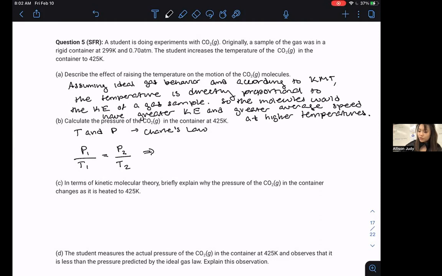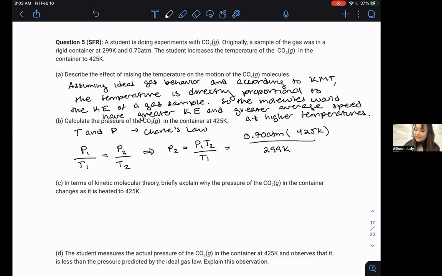So then what we do is we just simply plug in, and I'm probably actually going to rearrange to solve for P2 first. So P2 is equal to P1 times T2 all over T1, which is going to equal 0.70 atm times 425 Kelvin all over 299 Kelvin.